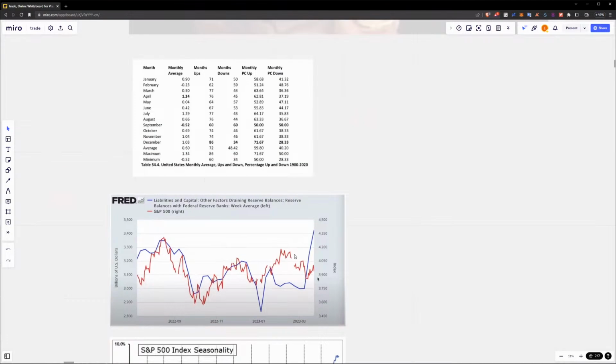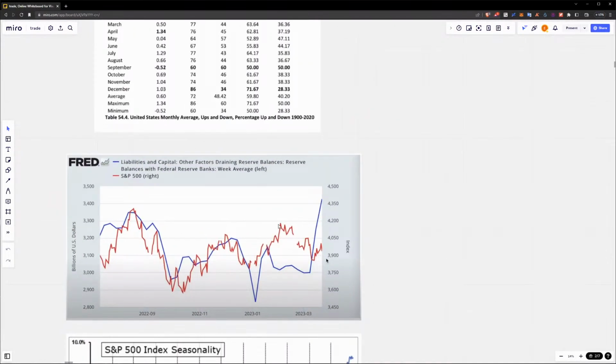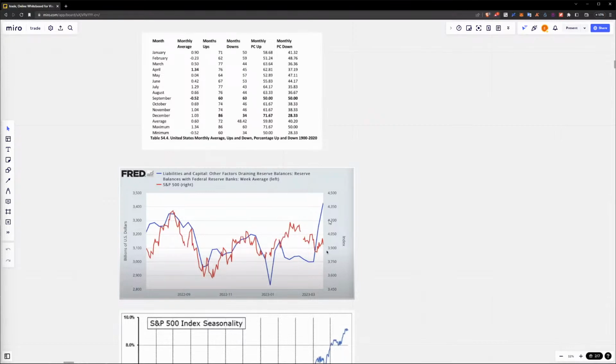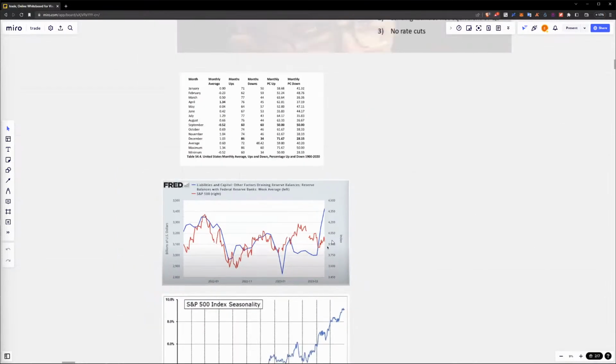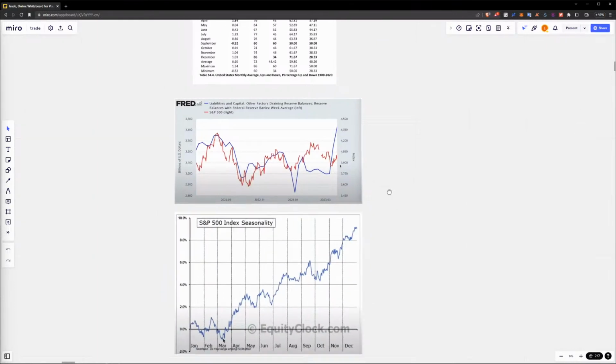And this FRED chart shows that liabilities and capital, reserve balances with Federal Reserve banks, are going up high, and usually the S&P follows it. And this is the quantitative easing argument. Also, you see in many charts that the balance sheet of the Federal Reserve is going up. That's another chart, more like a correlated chart.